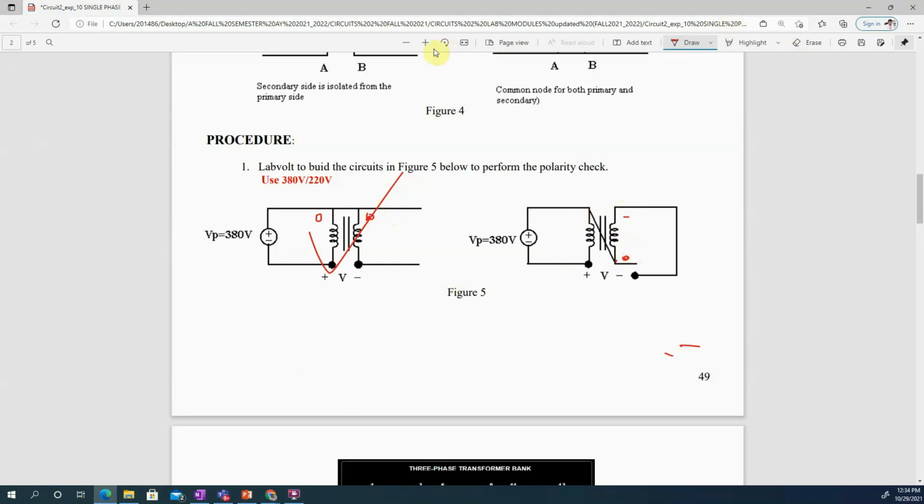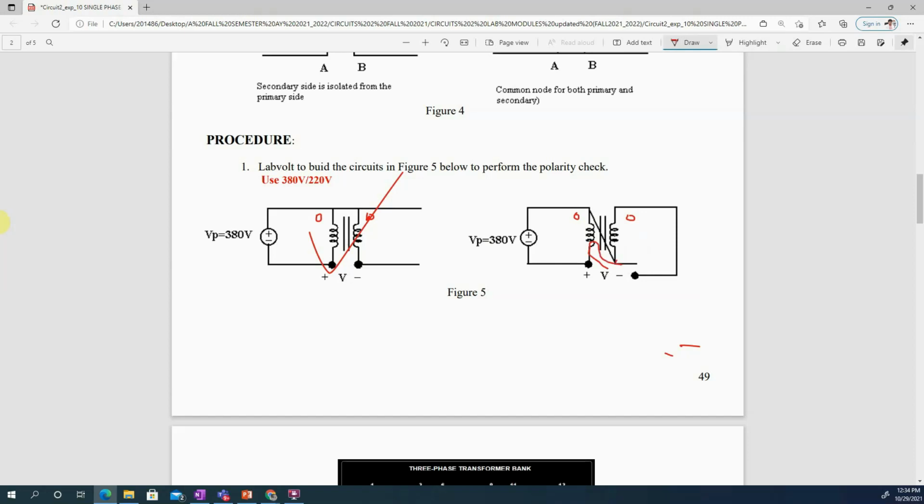No, wait. Okay, we know that the dot is here already, and the dot is here, right? So it means to say, when we connect it here, it gives us a higher value, right? Because if you take the KVL, let us have the KVL.